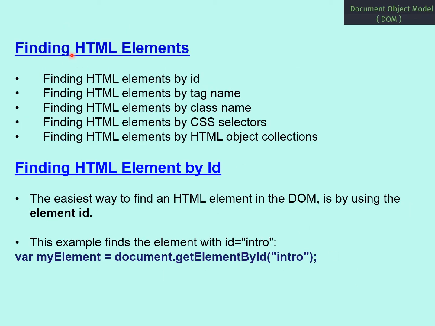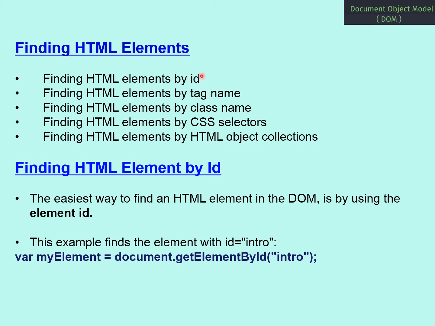Now we can see how we can find the HTML elements. We can find HTML elements by several identities. We can find the HTML elements by ID, by tag name, by class name, by CSS selectors, and by HTML object collections.